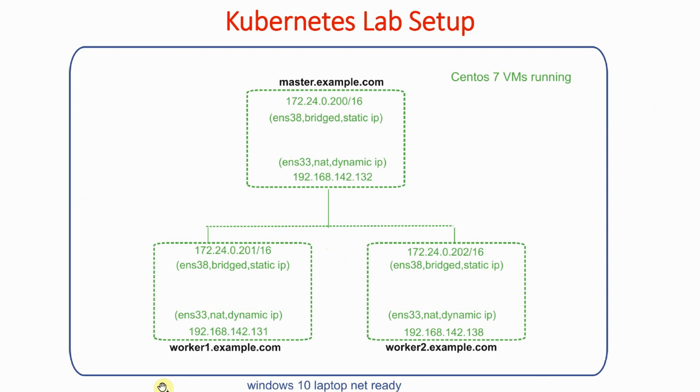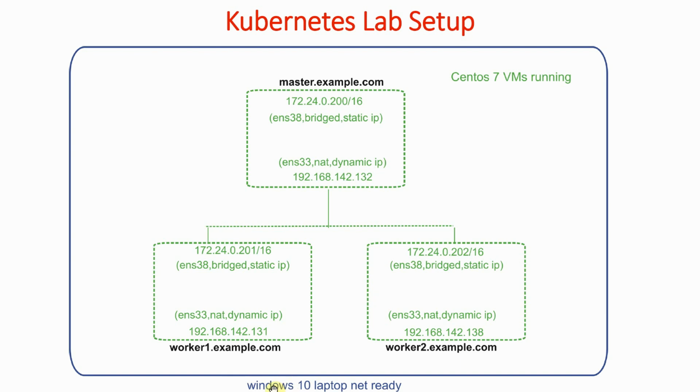This is my laptop, in which Windows 10 is running. Through virtualization, my CentOS VMs are running. That means in our case, we implemented the cluster by using VMs. So for these VMs, this is the host operating system.